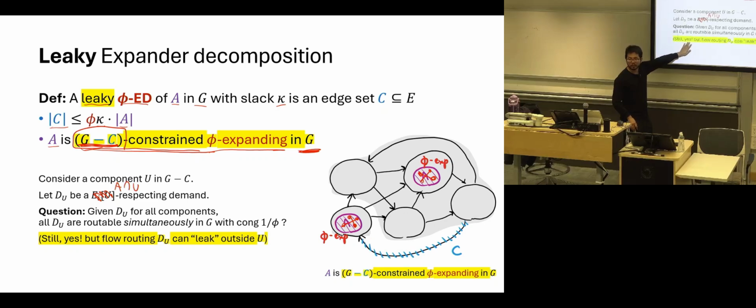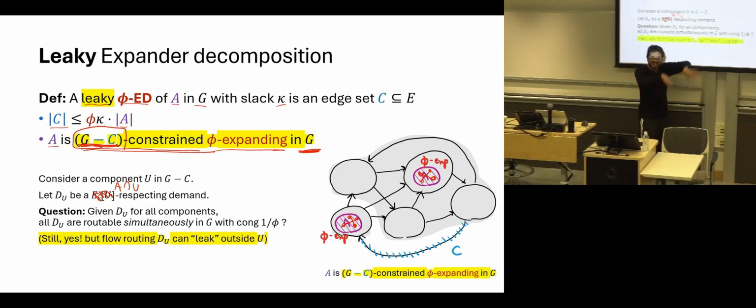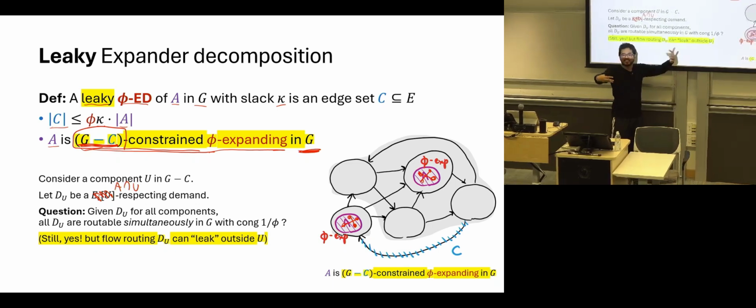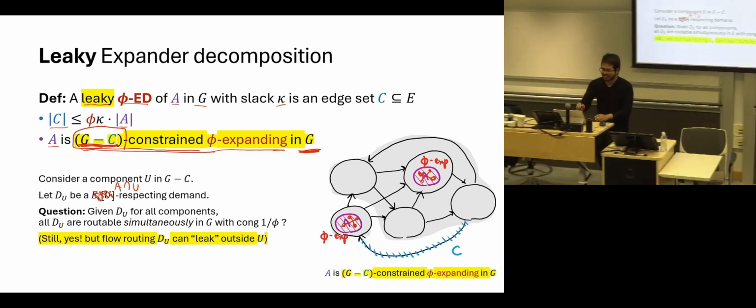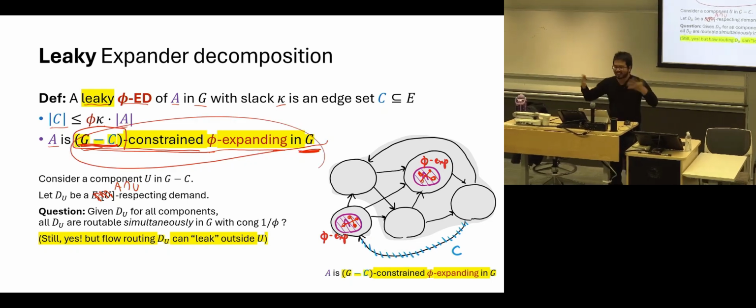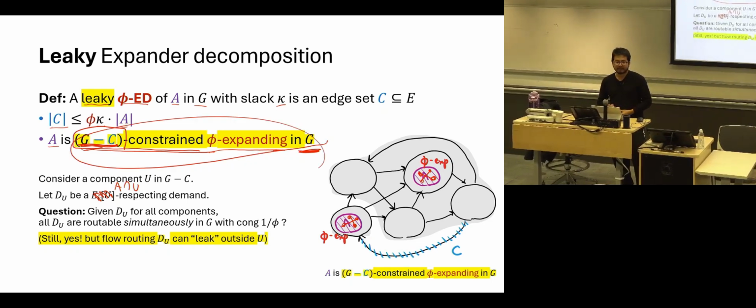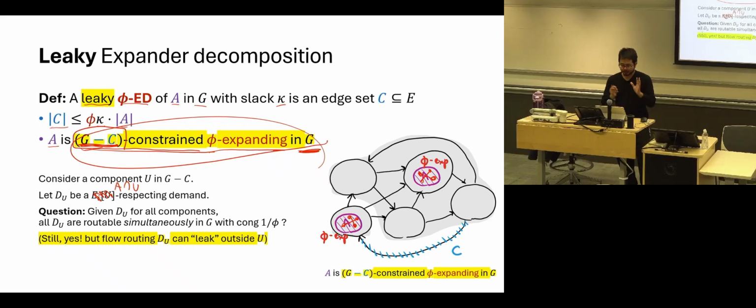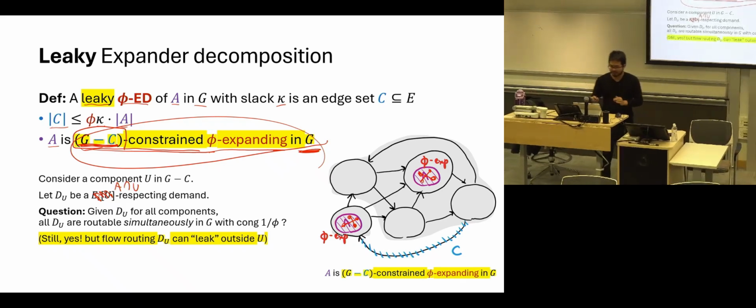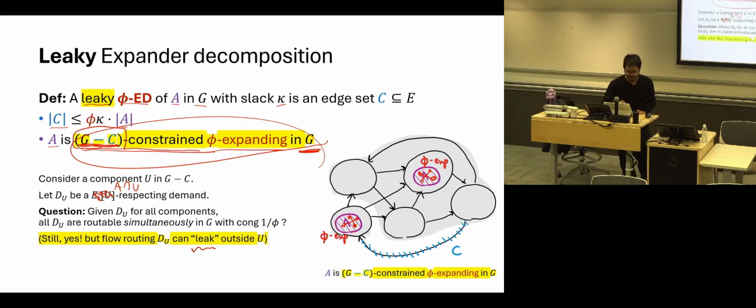This is still true. But the point is that the flow here can leak outside the component. Although they leak, we just guarantee from the definition that altogether they have low congestion. This is the explanation for why I use the word leaky.